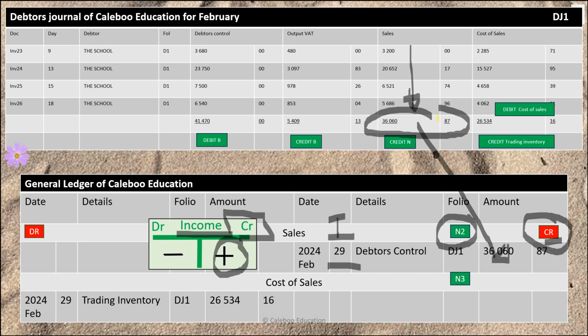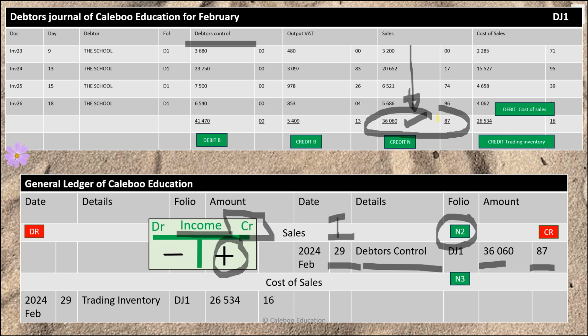We take the total to the general ledger. Under details, the name of the contra account, debtors control. Where did we get the information? From the debtors journal. And what was the amount? The amount was the total of the column, 36,060 and 87.